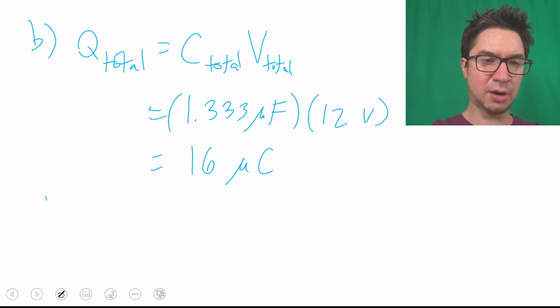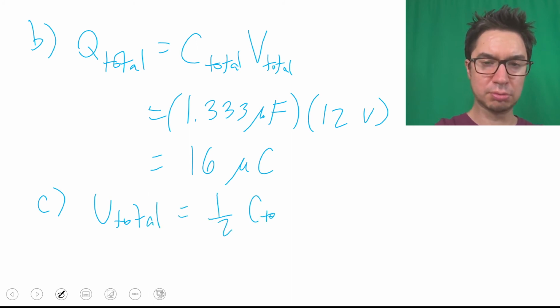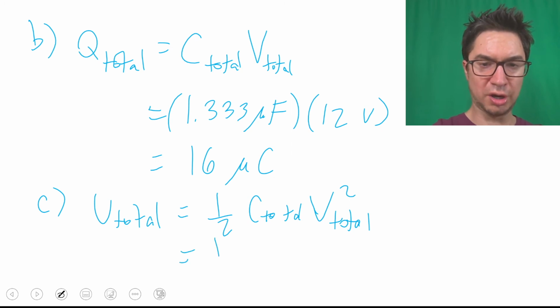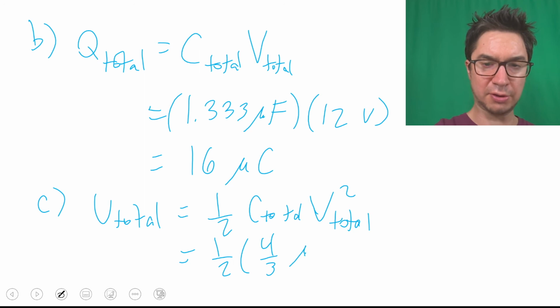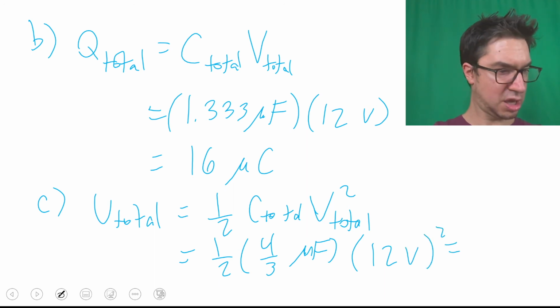And let's look now at part C. So the total potential energy stored in this capacitor circuit is going to be 1/2 C total V total squared. So 1/2, the C total we said was 4/3 microfarads, times the voltage we said was 12 volts squared.